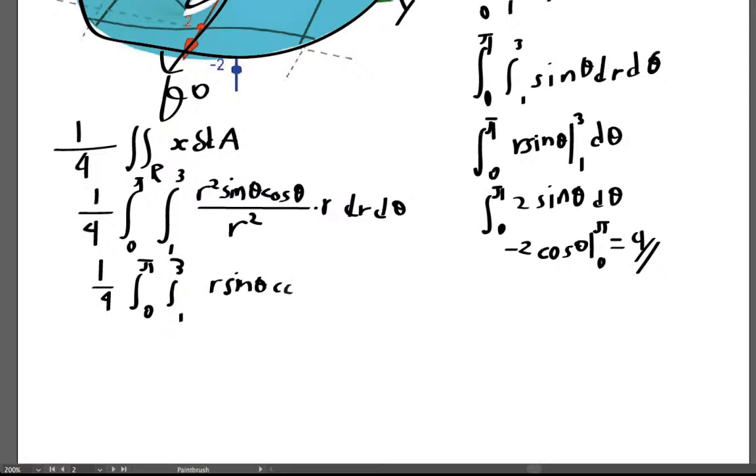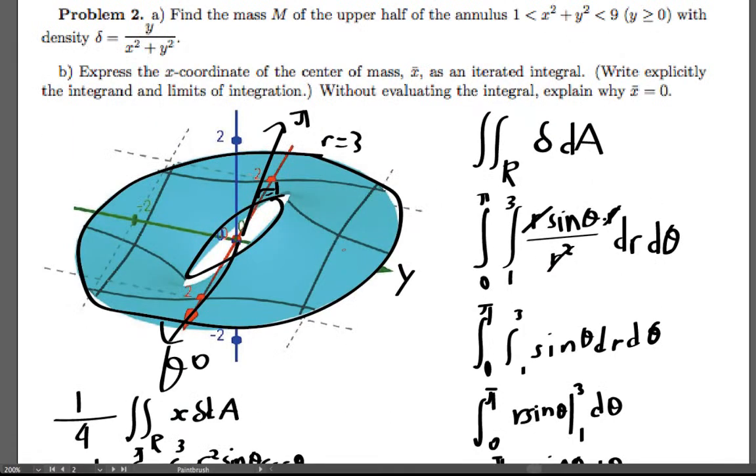You could simplify this much more by turning sine theta cosine theta into sine 2 theta over 2, and then you calculate the entire thing and figure out that it equals 0. But in here it asks you, without evaluating the integral, explain why x bar equals 0.